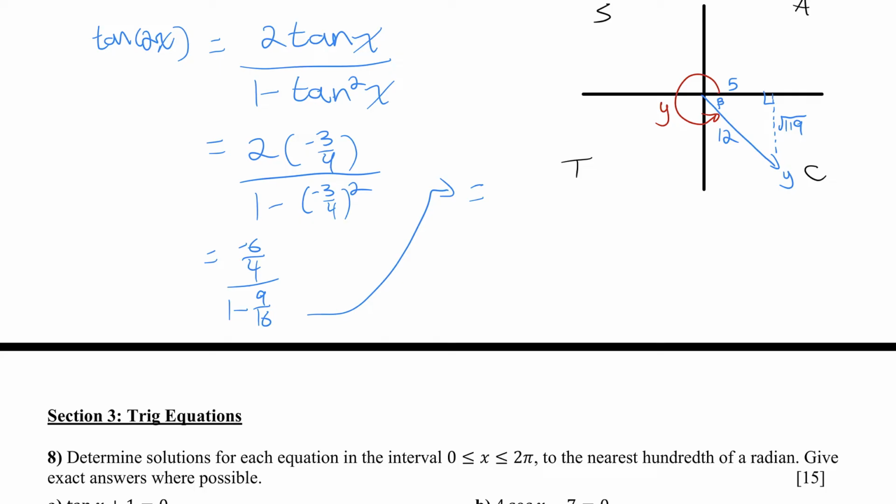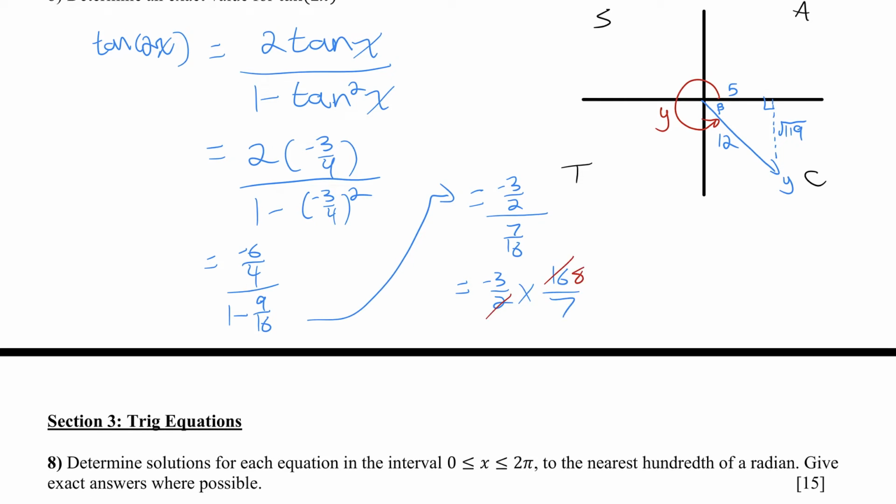Negative 6 over 4 is negative 3 over 2. That's all over 1 minus 9 over 16, which is 7 over 16. I can flip and multiply, so negative 3 over 2 times 16 over 7. 16 divided by 2 is 8. So my final answer is going to be negative 24 over 7.